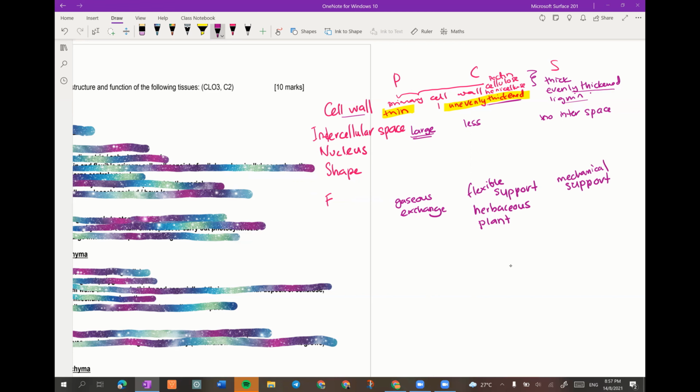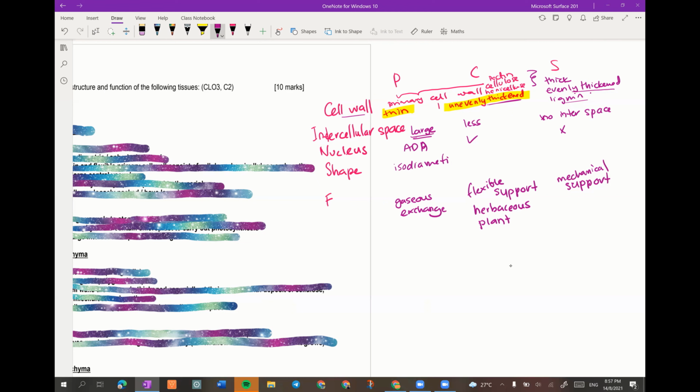Next, kita boleh tengok pasal dia punya nukleus pula untuk dia punya beza dia. So, nukleus kat sini still ada. Have nucleus. This one pun have nucleus. While this one does not have the nucleus. Dia dah mati. So, kenapa dia tak ada nucleus? Sebab dia nak bagi more functional untuk benda lain lah. Right. And the shape dia pula yang ni lebih pada isodiametric.